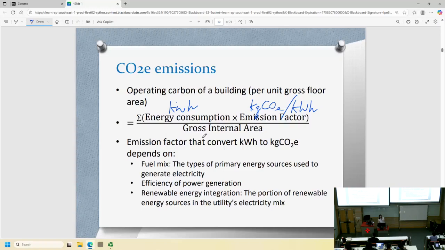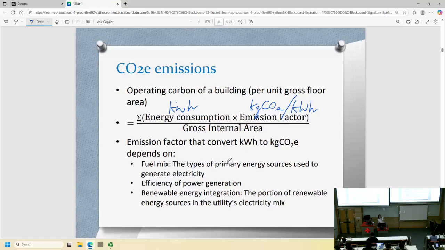The emission factor that converts kilowatt hour into kg carbon dioxide equivalent depends on the fuel mix. So whether you only use fossil fuel, or maybe you also use renewable energy, or maybe you use nuclear power, all these fuel mix will affect the emission factor.